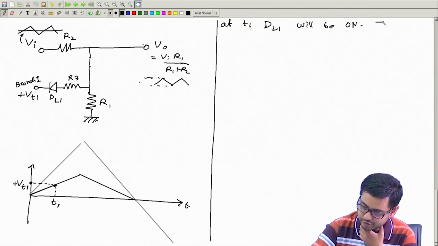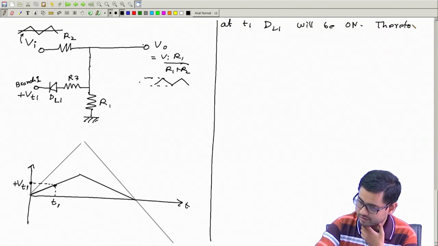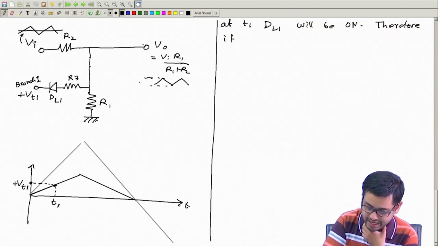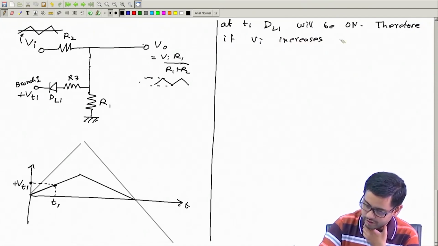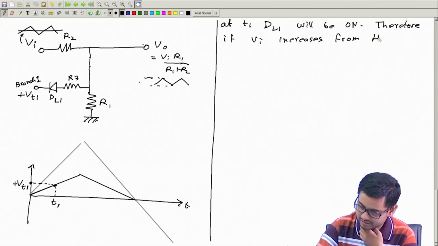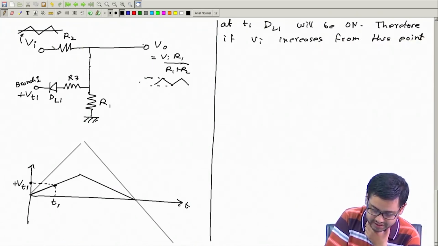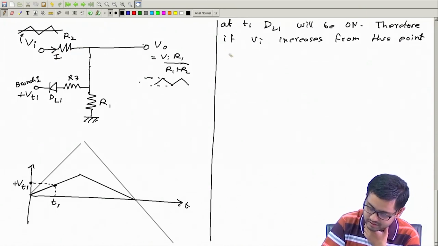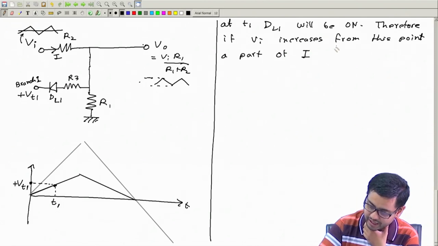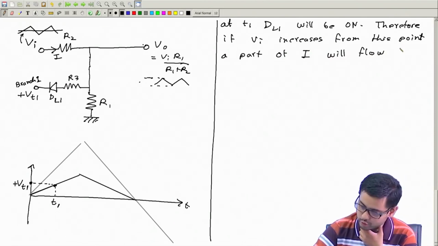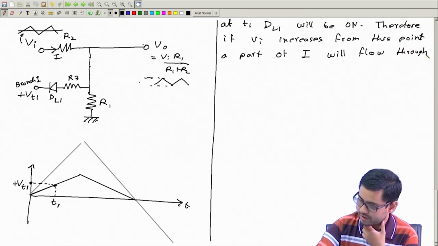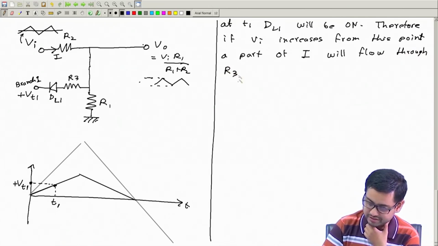Okay, therefore, if Vi increases from this point, call this current I, a fraction of this current I will flow through R3.